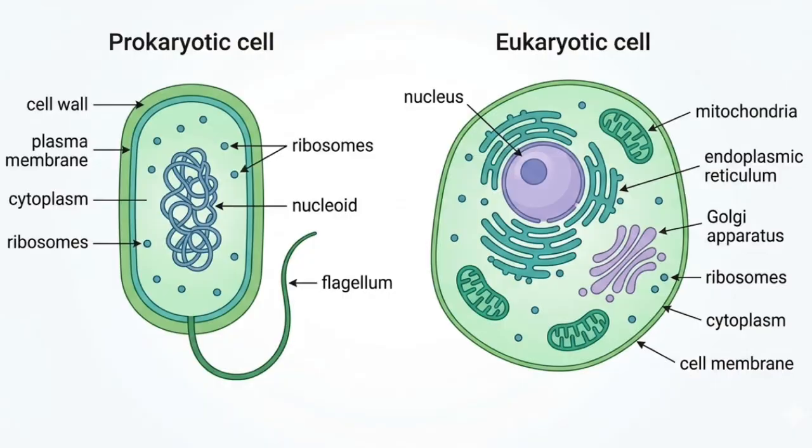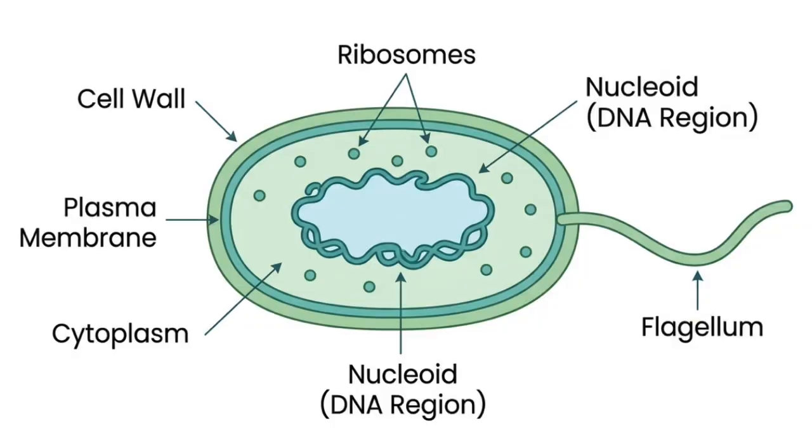Cells fall into two broad categories: prokaryotic and eukaryotic. The prokaryotic cells are the simpler of the two. They have no nucleus and no membrane bound organelles. Their DNA is usually a single circular molecule floating in the cytoplasm.